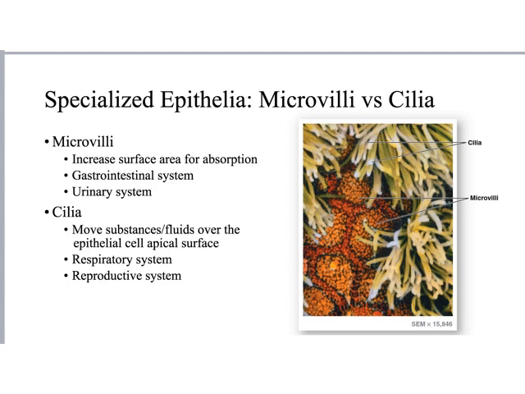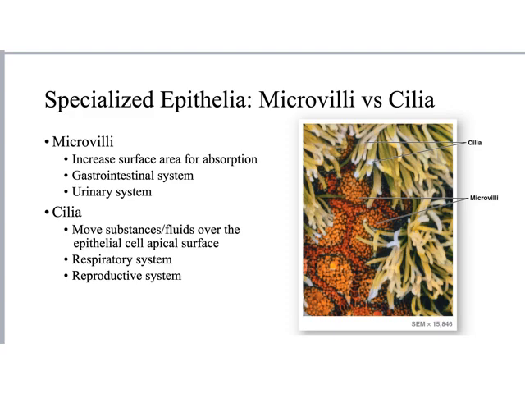Having microvilli increases surface area for absorption, so it's a very useful structure to have on epithelial cells in places like the small intestine. The urinary system is similar in that it is absorbing and secreting various substances, as we'll talk about in physiology. So it's useful to have microvilli in the urinary system as well.